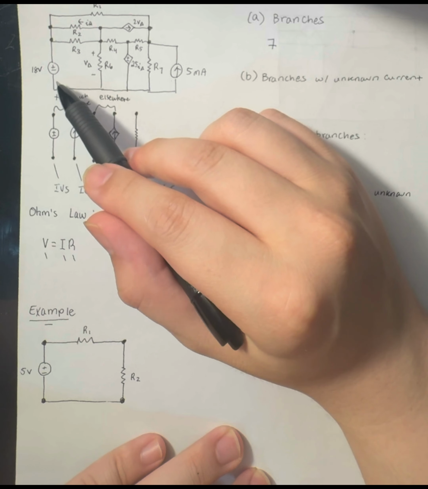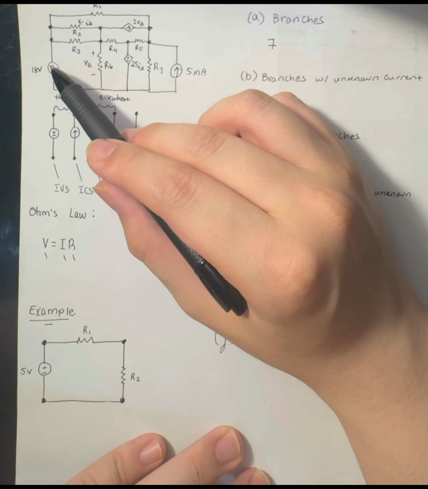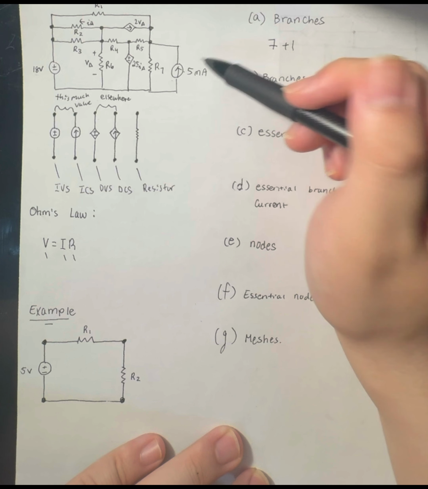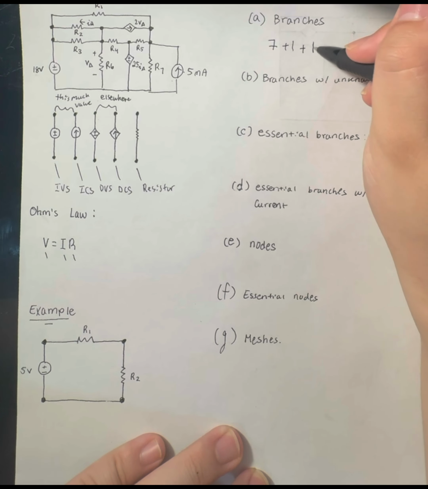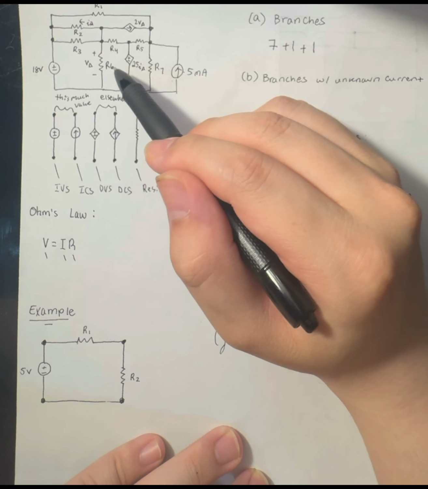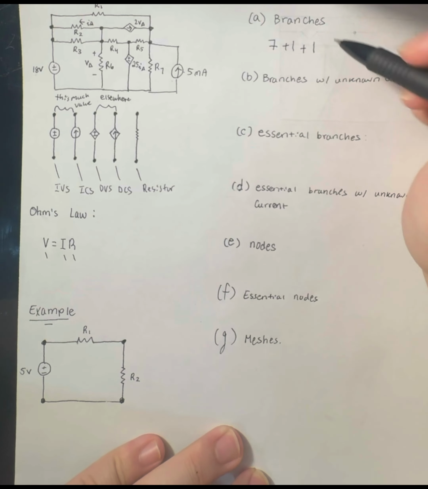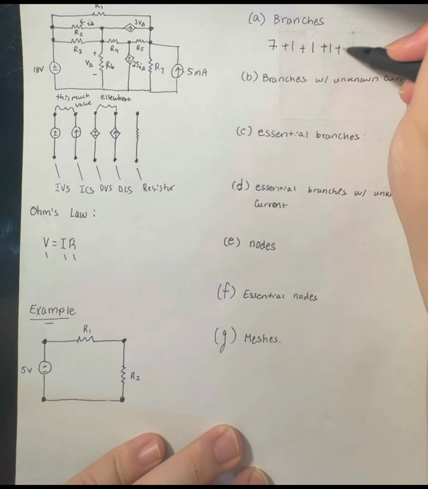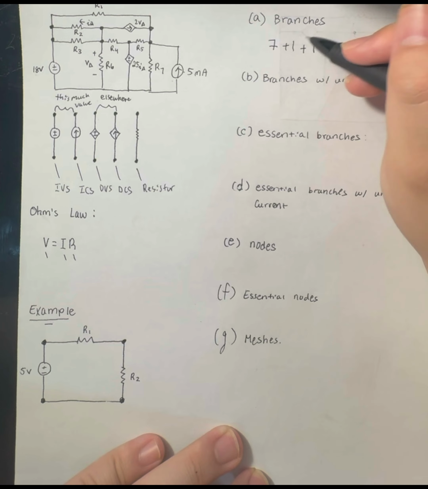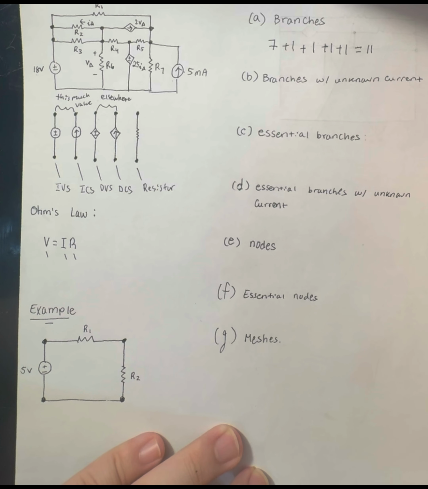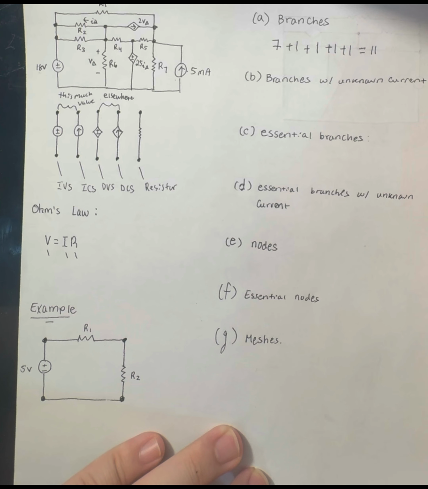And then there is one independent voltage source, one independent current source, and a dependent voltage source and also a dependent current source. So that's +1, +1. So 7 + 1 + 1 + 1 + 1 is equal to 11. So there's a total of 11 branches, or 11 circuit elements.